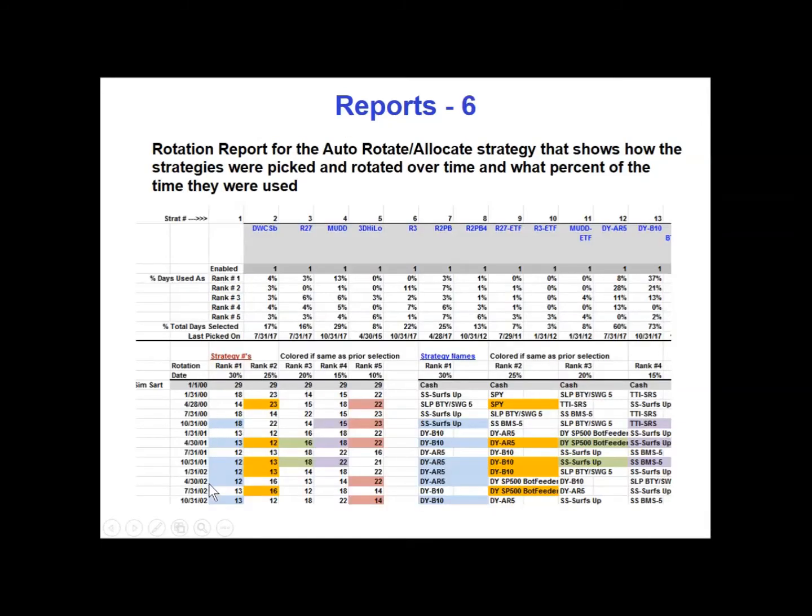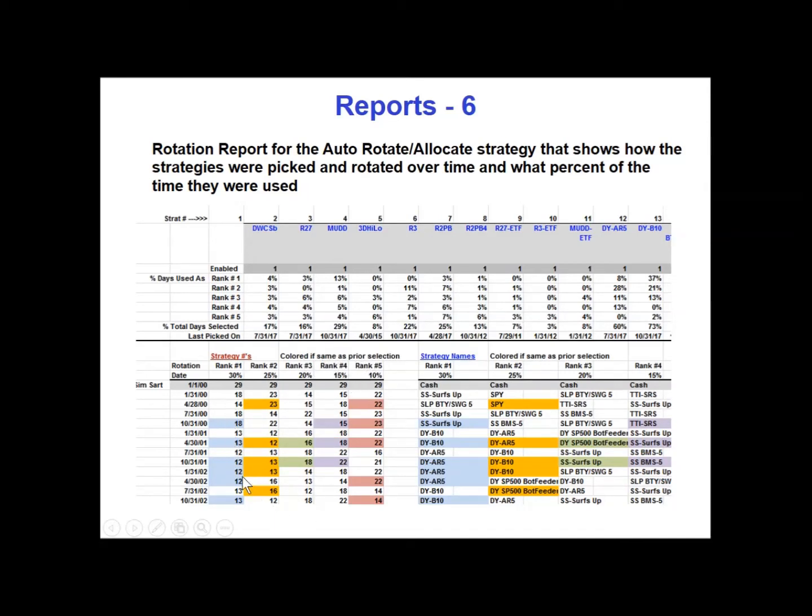The rotation date, which strategy was picked. And then over here it's the same information, but it sticks your name in there. These are just the numbers. So what this one will do, note it's colored if the same as the prior selection.